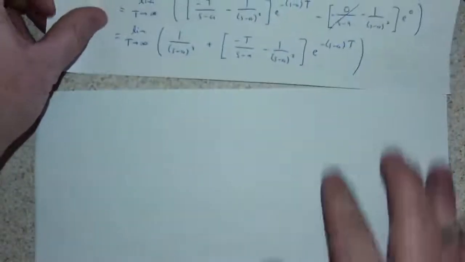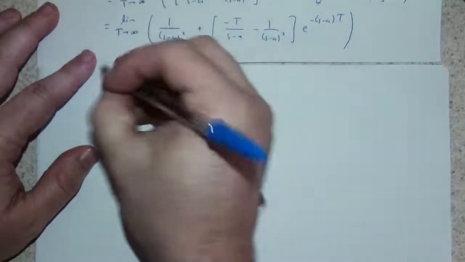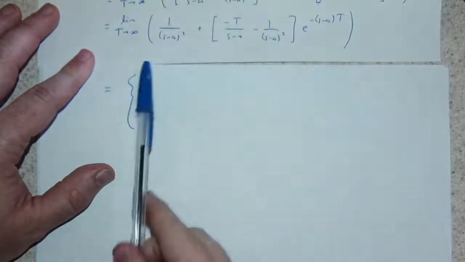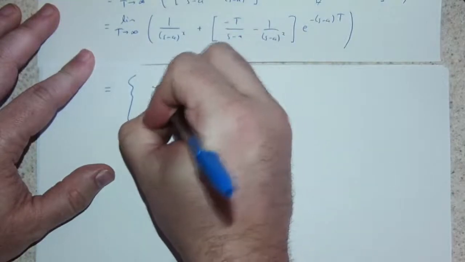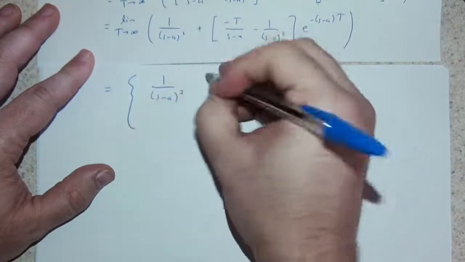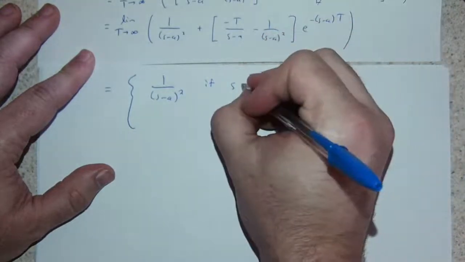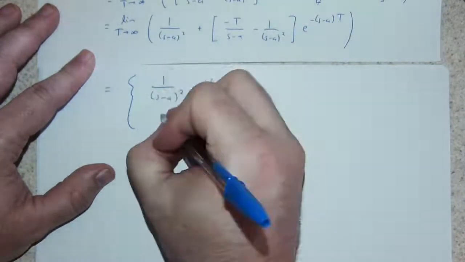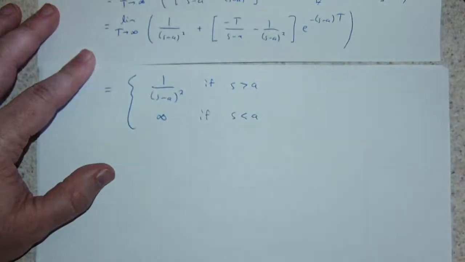So here's our last line of computation. So this is equal to, well, I get a split again. So this is 1 over s minus a squared if s minus a is positive, or s is greater than a. And this is infinity if s is less than a. Okay, for the exact same reason.